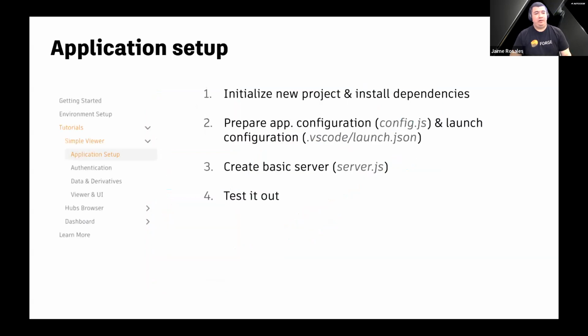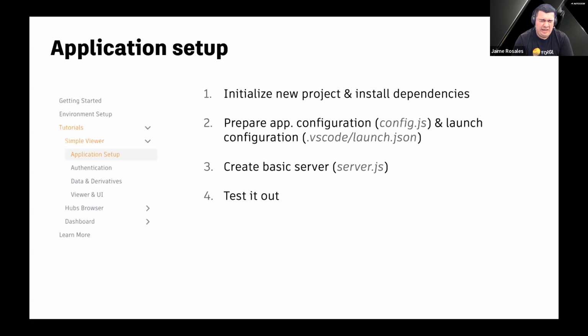First, we're going to head over to the application setup: initialization of a new project and installation of the dependencies. We're going to prepare the app with the launch configuration, and VS Code allows us to create a file called launch.json that basically automates our debugging process when we want to run a project.